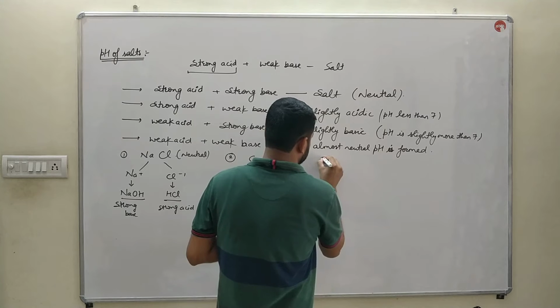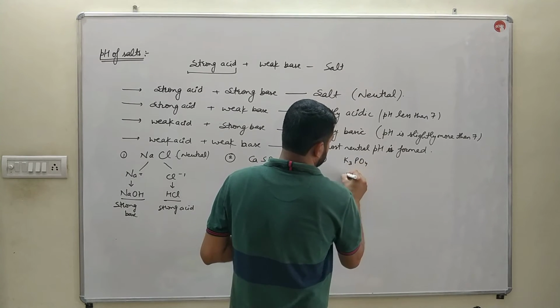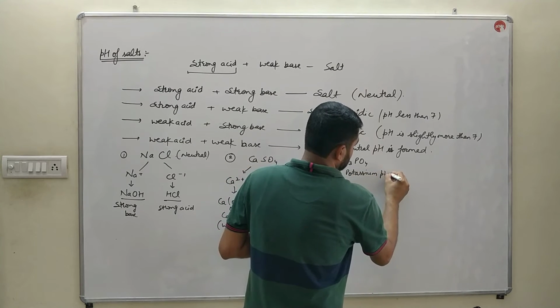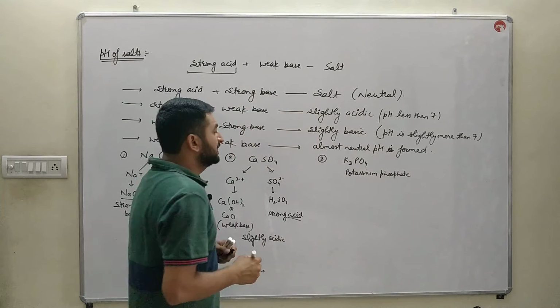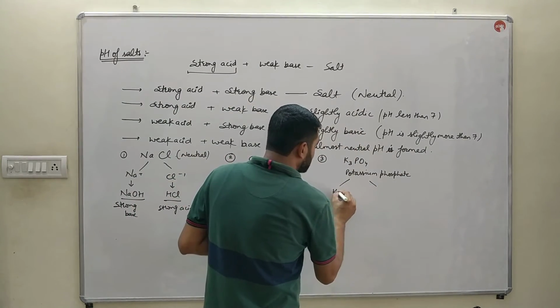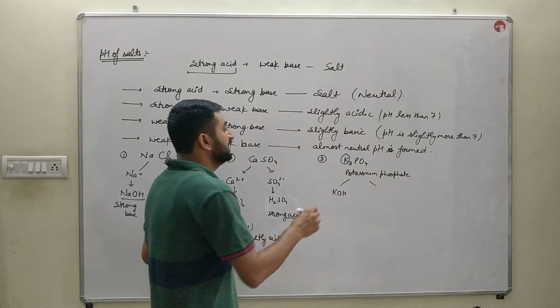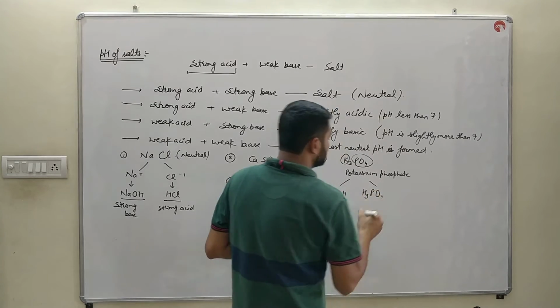Next example, potassium phosphate. This salt is formed by KOH as a base. The positively charged ion comes from the base in a salt, and the negatively charged ion, that is PO4 3 negative, will come from acid.